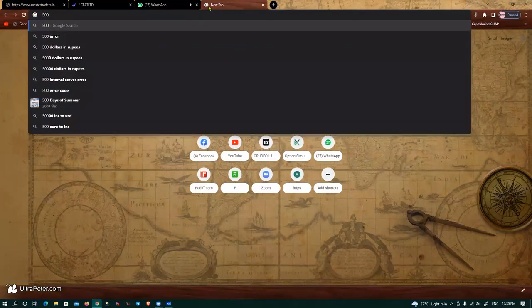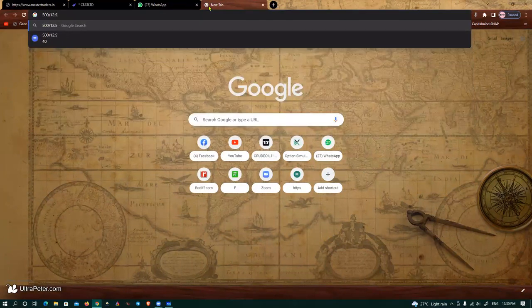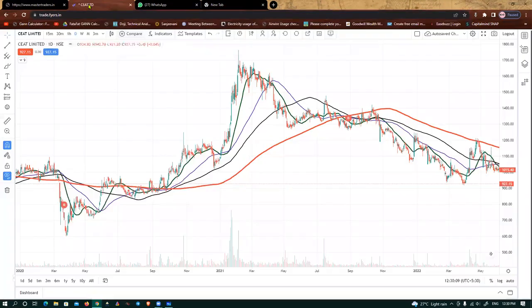Okay, 500 divided by 12.5 is a 40% return. 40% return in 12 days.